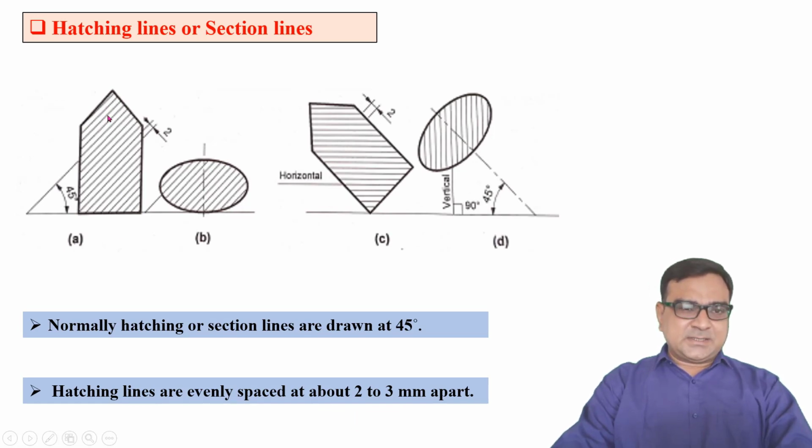So these are the section lines. All the section lines are parallel to each other, the distance between two hatch lines is approximately 2 to 3 mm, and hatching lines are inclined at 45 degrees with the horizontal line. Here the lines are inclined anticlockwise at 45 degrees. You can also use clockwise 45 degrees. So keep this in mind whenever you draw hatching lines.